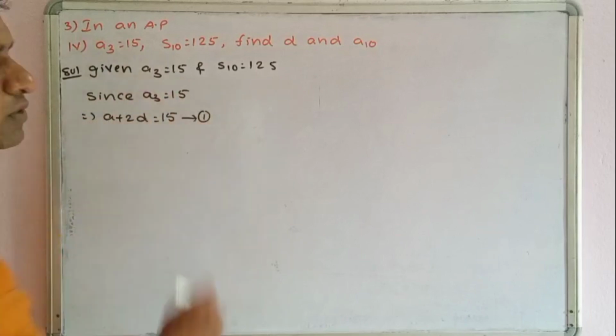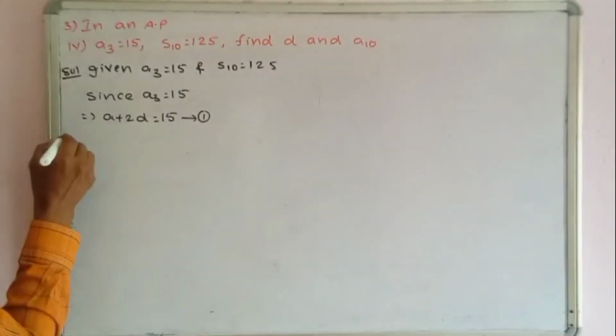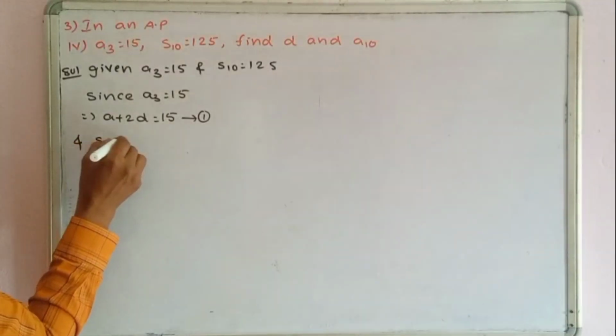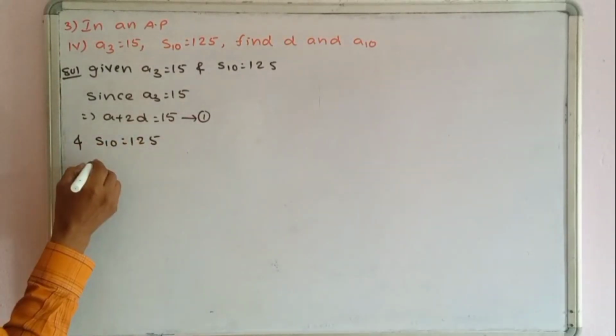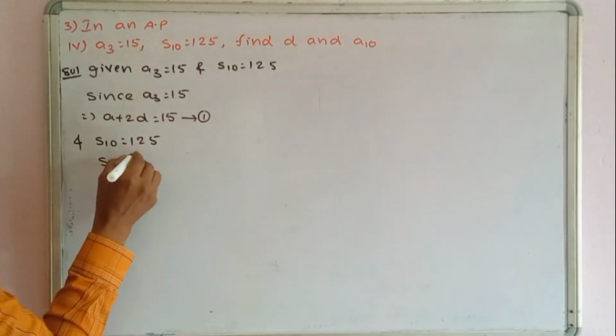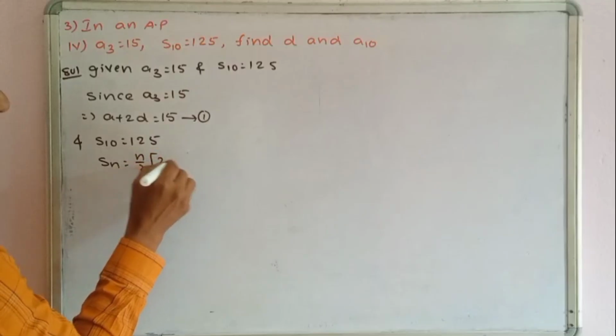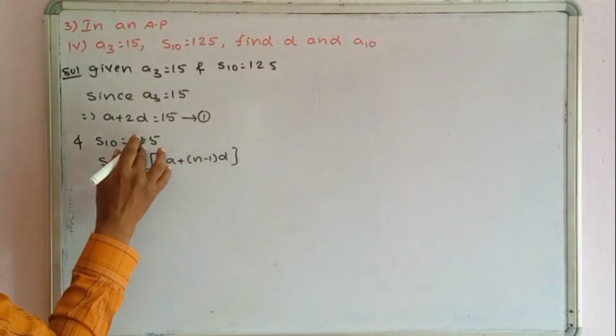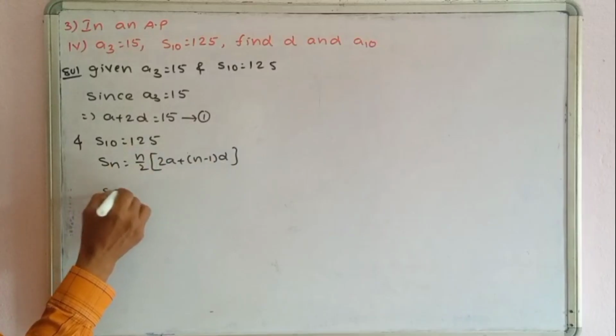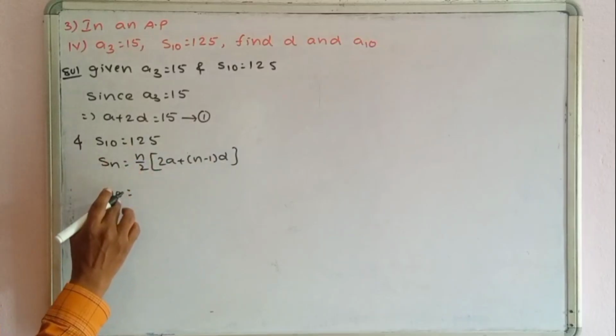Say it is 1. Also given S10, that is 125. What is the S10 formula? Sn equals n by 2 into 2A plus n minus 1 into D.